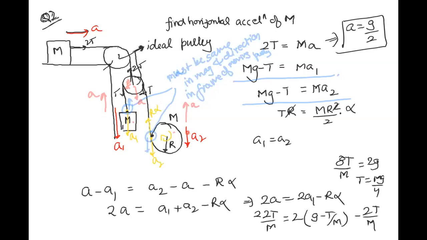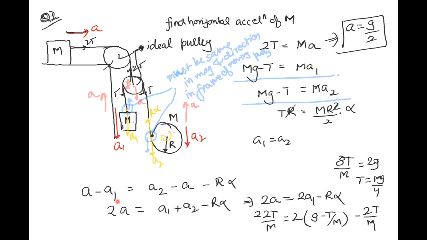This one already has an acceleration of a2 downwards, but with respect to this guy has an additional acceleration of a upwards. So with respect to this guy, this object has an acceleration a minus a1 upward, and with respect to this guy, this object has an acceleration a2 minus a. And because of rotation, of course, r alpha upward.